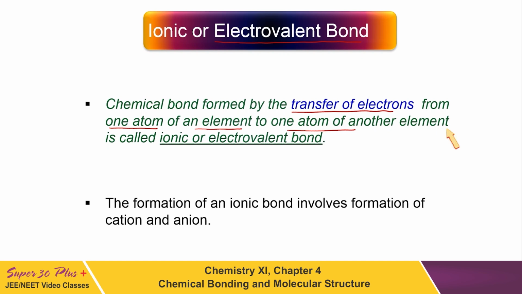This causes the formation of cation and anion, and the attraction between them is ionic bond or electrovalent bond. See, the formation of an ionic bond involves formation of cation and anion. So which energies are involved in this? Which steps are involved in the formation of cation and anion? Now we shall discuss further in this class.